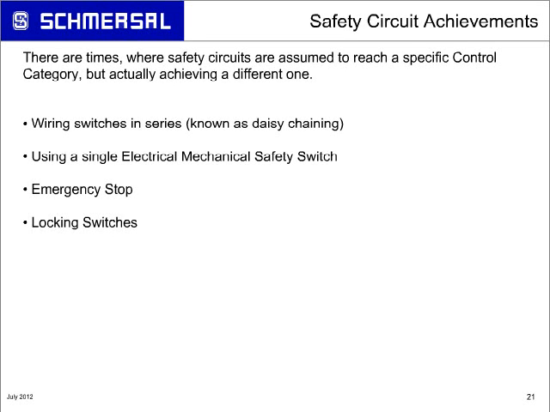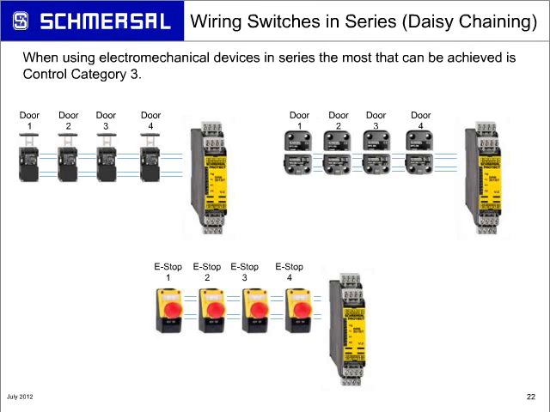So when you look at this next slide, we have a couple of different examples here. On the top left is just an electromechanical switch with a separate key actuator. Top right, you see coded magnetic switches. At the bottom, you have E-stops. All of these are wired in series.